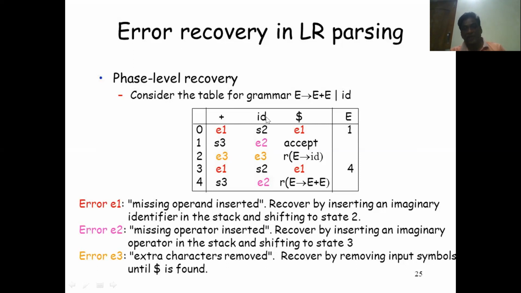So for every error entry in this table, there is an appropriate routine written to identify what is to be done when that particular combination of error is made by the programmer. Okay, and the corresponding actions will be performed by the parser based on the corresponding error routine.